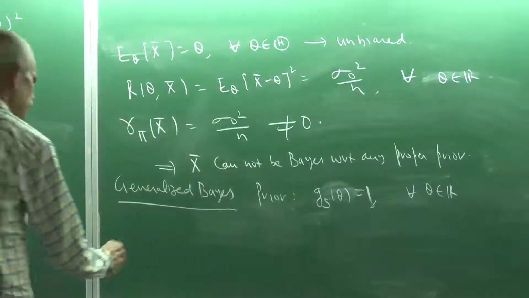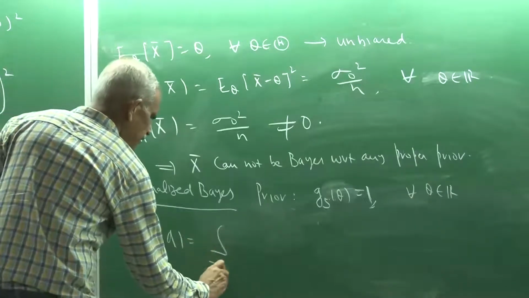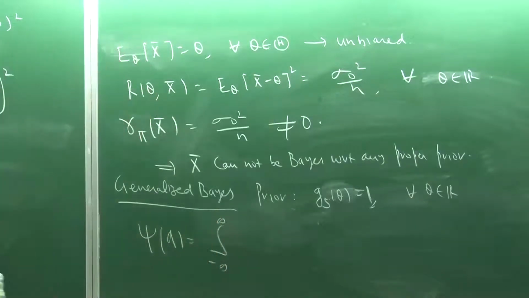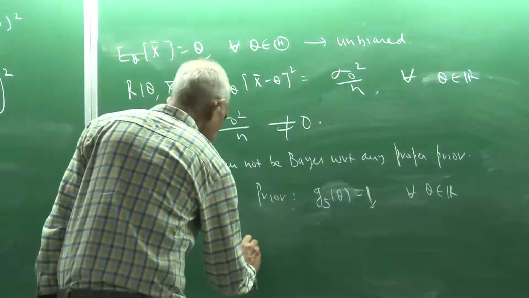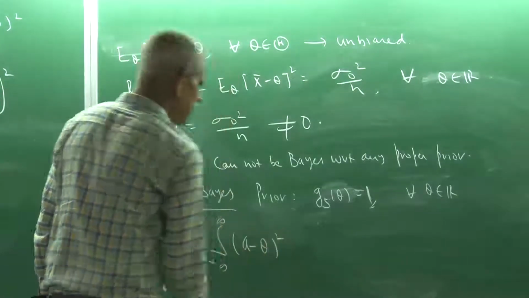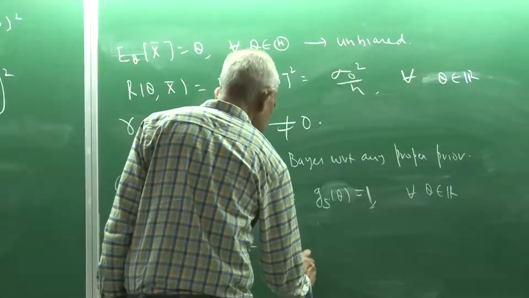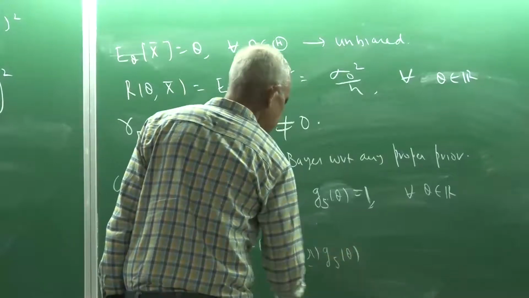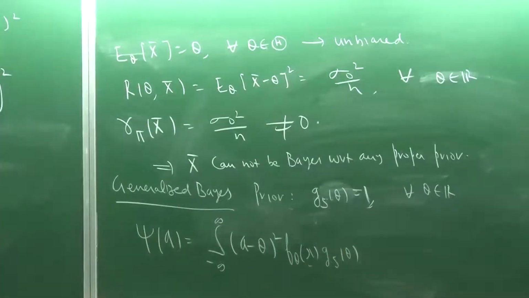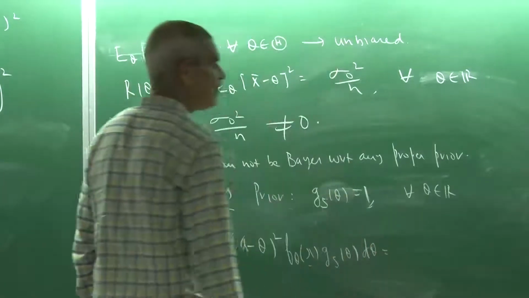So what do I have to minimize? I have to minimize psi of a, which is expected value of theta minus a whole square with respect to the posterior distribution. So it is a minus theta whole square. And what is the posterior distribution? f theta x into g theta. So I have to minimize this quantity. And what is that?